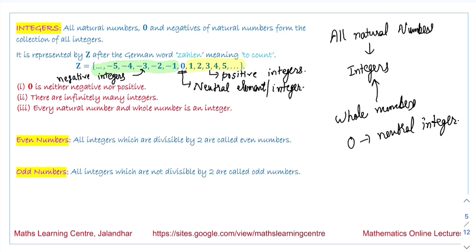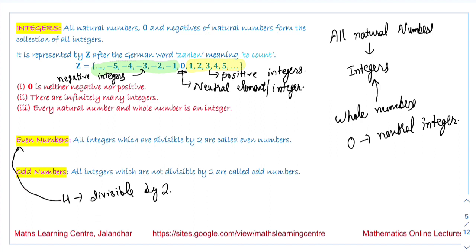Next definition we have is the even number and odd numbers. For even and odd, we are talking about the divisibility with 2. Suppose I am talking about, say, the number 4. We see that it is divisible by 2, so we say that 4 is an even number.